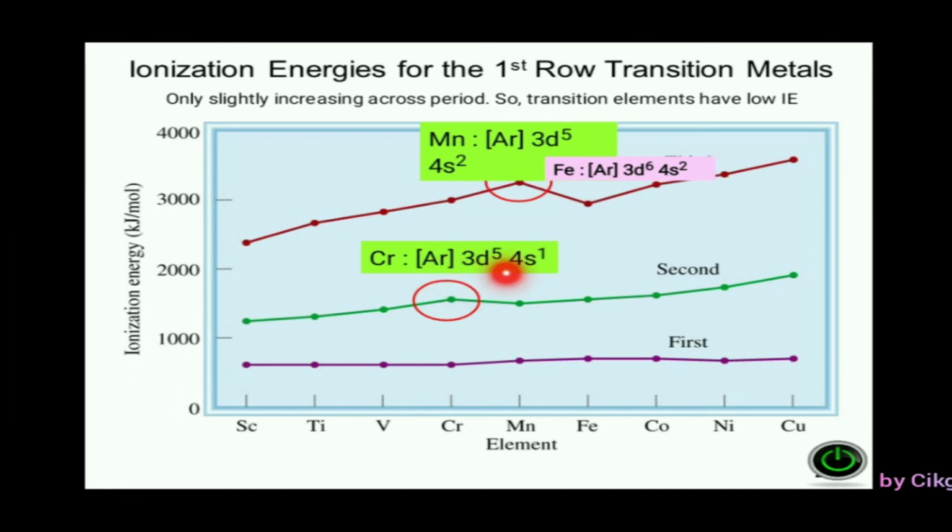So in order to remove the second electron in chromium from the 3d5 orbital, higher energy is needed. That's why the IE of chromium is slightly higher compared to the other elements. For the first IE, it's only slightly increasing. As a conclusion, transition elements have a low IE, except these elements.